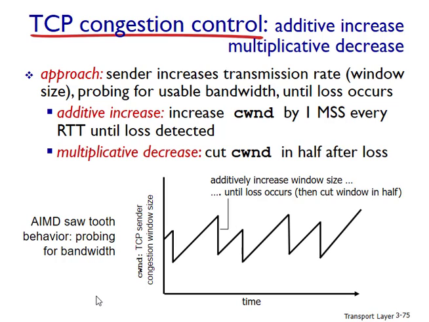Given the mechanism of adjusting the value of CWND to control the sending rate, the critical question remains: how should a TCP sender determine the rate at which it should send? If TCP senders collectively send too fast, they can congest the network, leading to a type of congestion collapse.